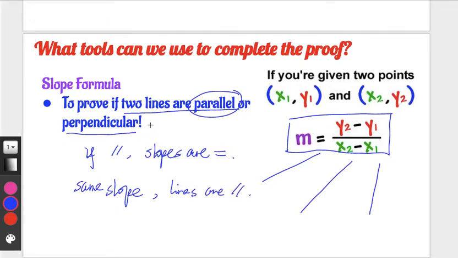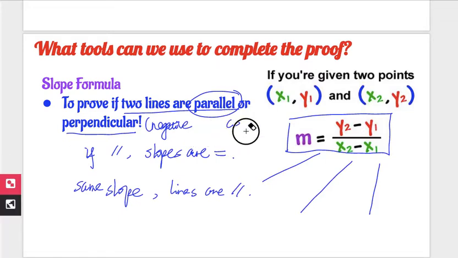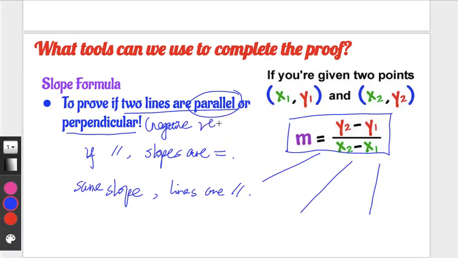For perpendicular it is different. For perpendicular, the two slopes are negative reciprocals. Oh, sorry, I'm going to rewrite this word: reciprocal. It's like upside down, so flip the fraction. This is not the focus today.